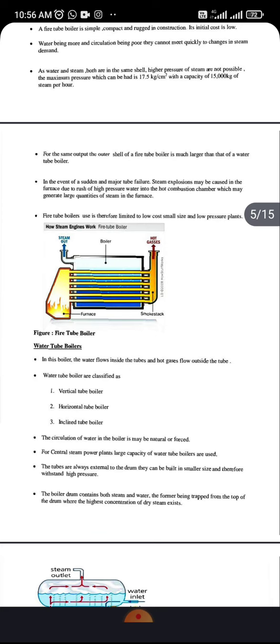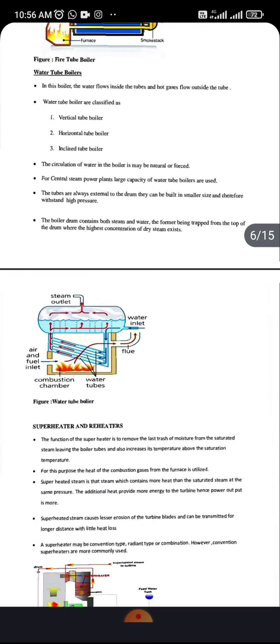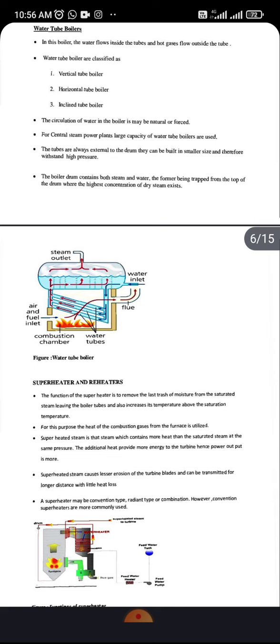And the water tube boiler is classified into three parts: vertical, horizontal, and inclined tube boiler. So this is the water tube boiler. In this method also we are using water as steam, and it requires very little space and has very high density of water.